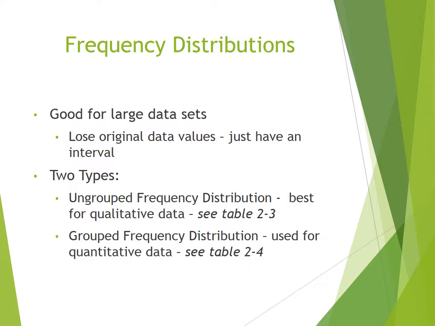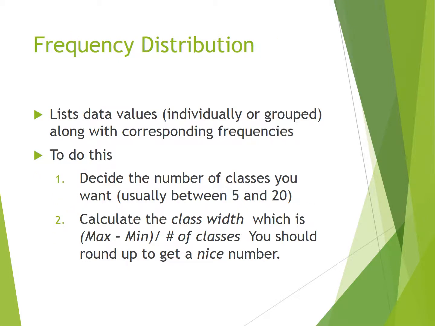I want to go over the procedure on how to do a grouped frequency distribution for quantitative data with you now. So the first thing you want to do is list all the data values along with their corresponding frequencies. To do this, first decide on the number of classes you want. Usually you want a number between 5 and 20.